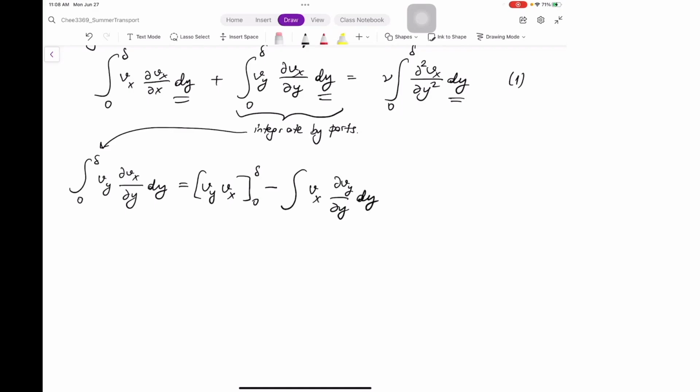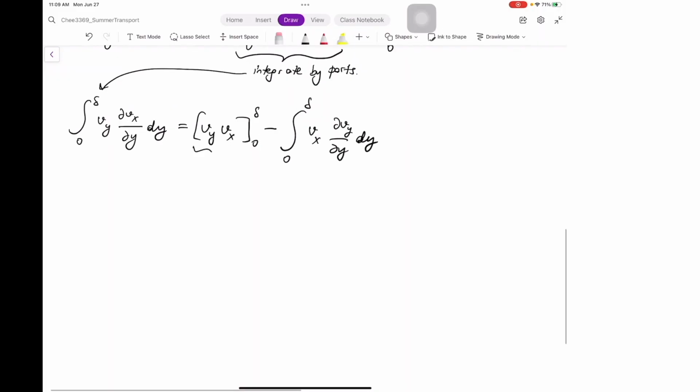Instead of dVy, I wrote del Vy over del y. And remember that while we are doing this, we are picking a particular x value. We are doing this integral along the y direction, so we're not changing x, only y.